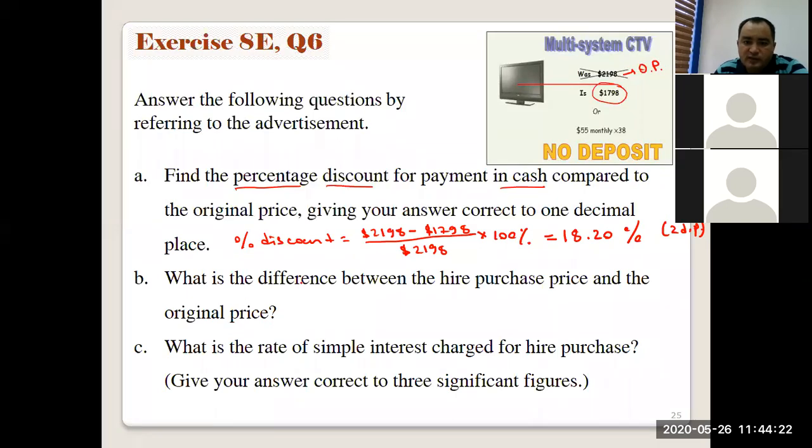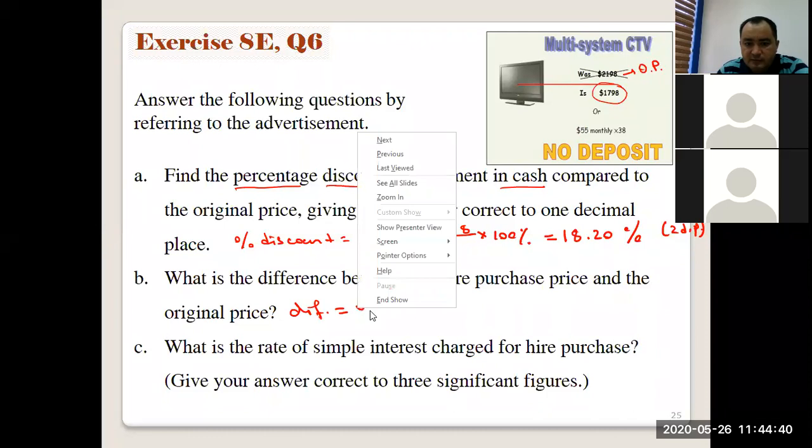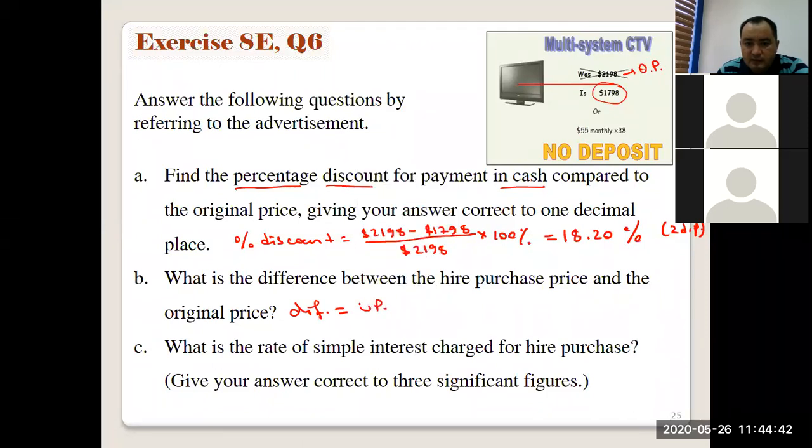Question B. What is the difference between the hire purchase price and the original price? So that is the original price. This one is the hire purchase price. So the difference, let me just write here, difference is equal to original price minus hire purchase price. Original price is 2198.